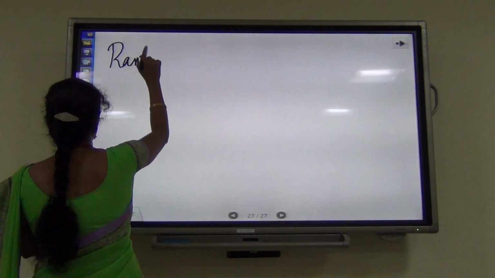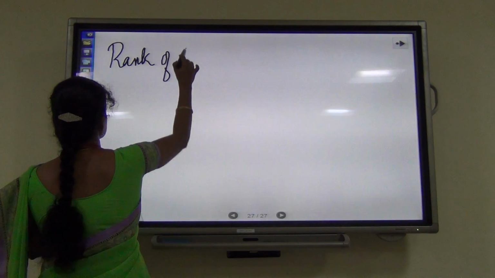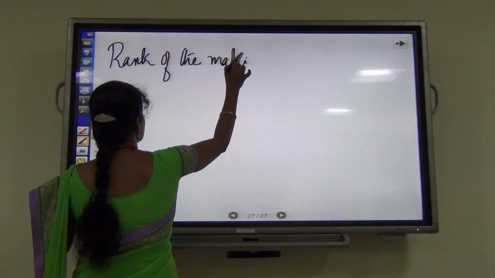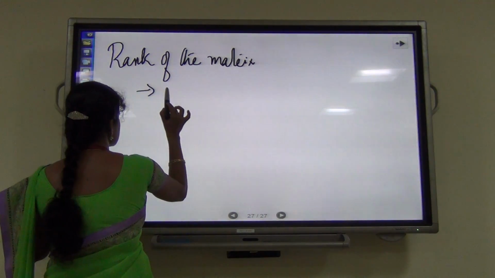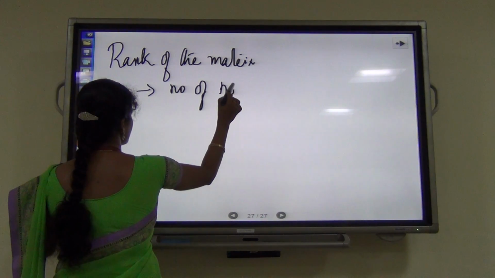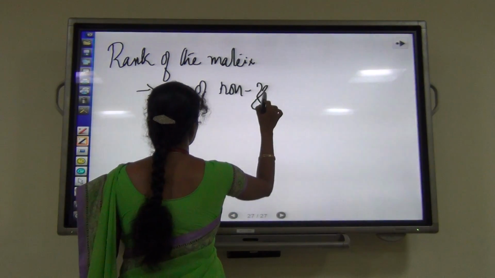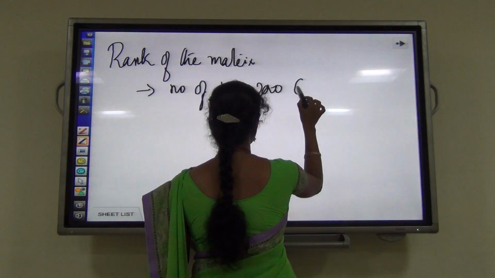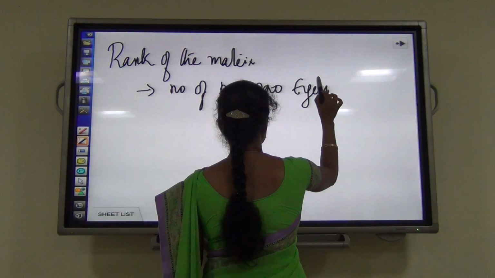How to find the rank of matrices? The rank of the matrix is the number of non-zero eigenvalues.